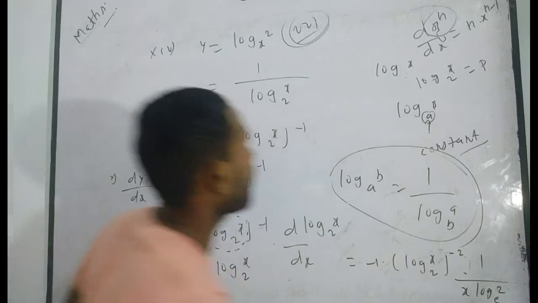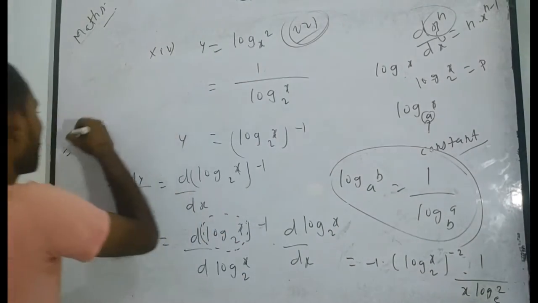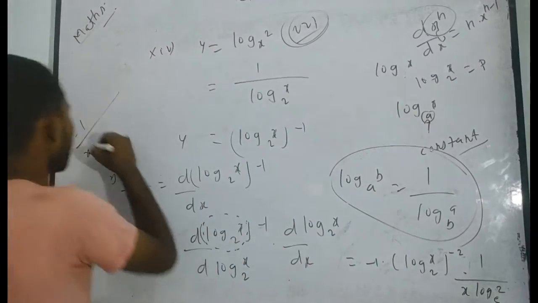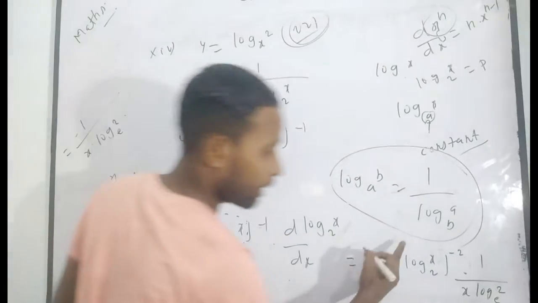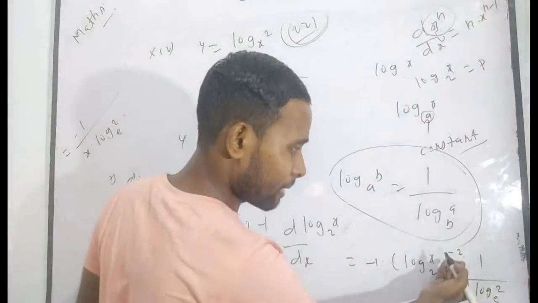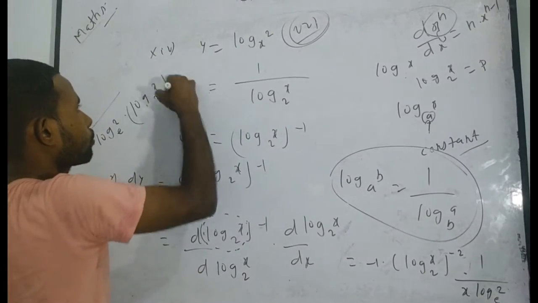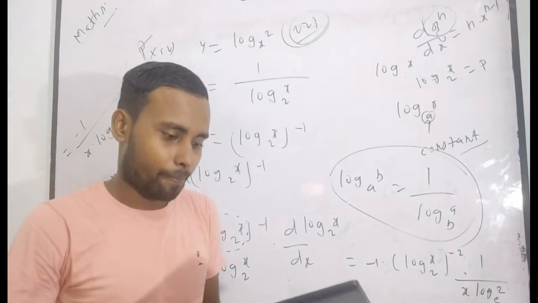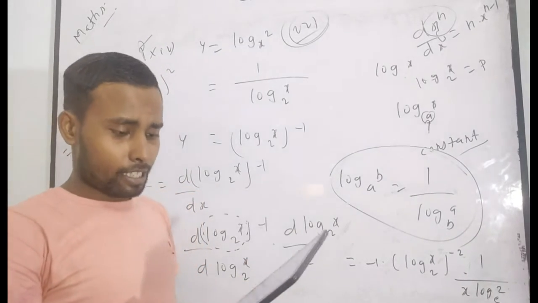Now, if you want to write it in standard form, it becomes minus 1 upon x into log 2 to the base e. You can take the power in the denominator because the power is minus 2. So you can write (log x to the base 2) whole to the power 2, which is your required answer. I think you understand this problem very well.